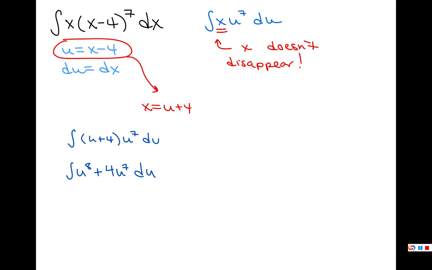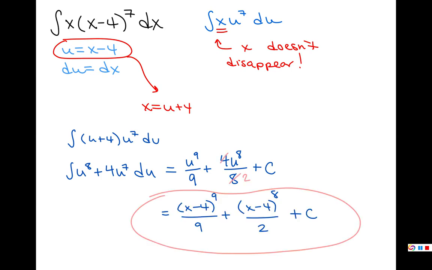However, I have taken something that was really hard to multiply, and now it's not hard to multiply. I can distribute the u to the 7th. I get u to the 8th plus 4u to the 7th. This is something that we can integrate one term at a time. We end up with u to the 9th over 9 plus 4u to the 8th over 8 plus c. Finally, we replace those u's with x minus 4's. I also reduced the 4 over 8 to a 1/2. And there's my final answer circled.